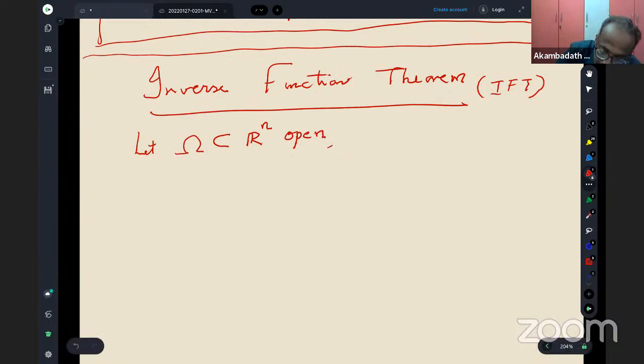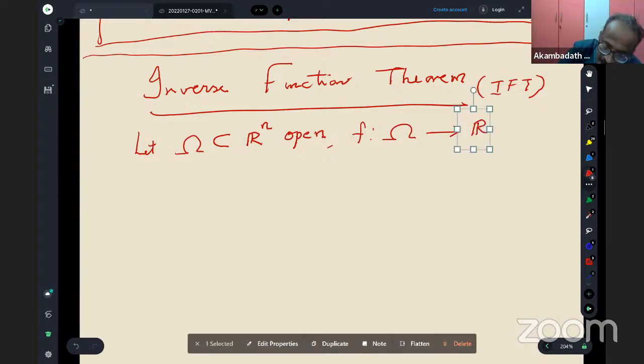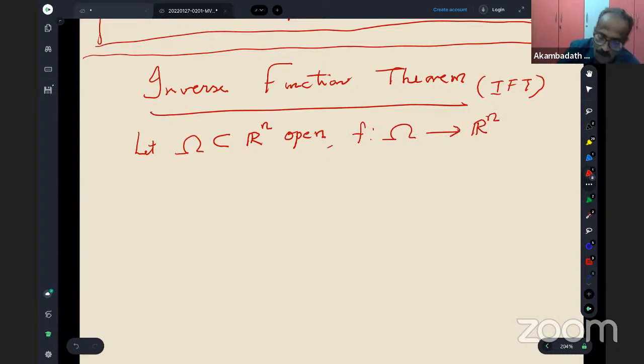Omega open, and f from omega to R^n satisfies, these are the assumptions which I'm going to make. There are two assumptions. Let me also set the notation: a is in omega and b is equal to f of a.